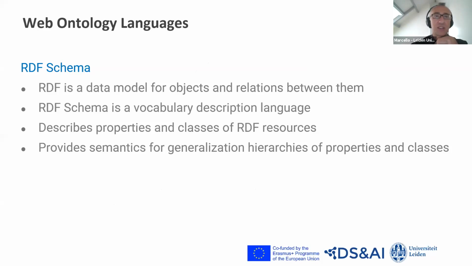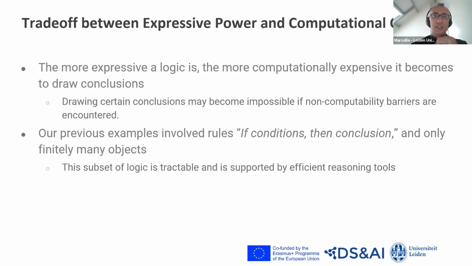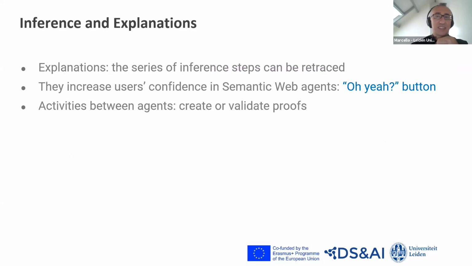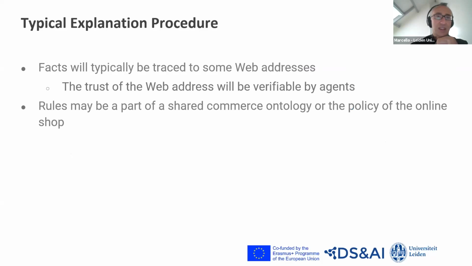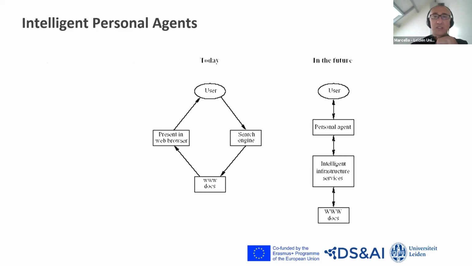So we saw RDF, and OWL, then logic in general, and again also here the problem of complexity: things can become immediately too complex. And now, what are intelligent agents?